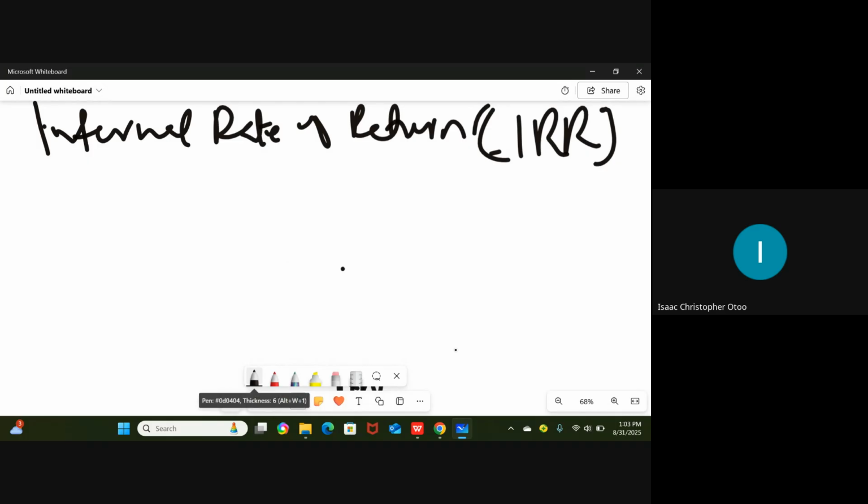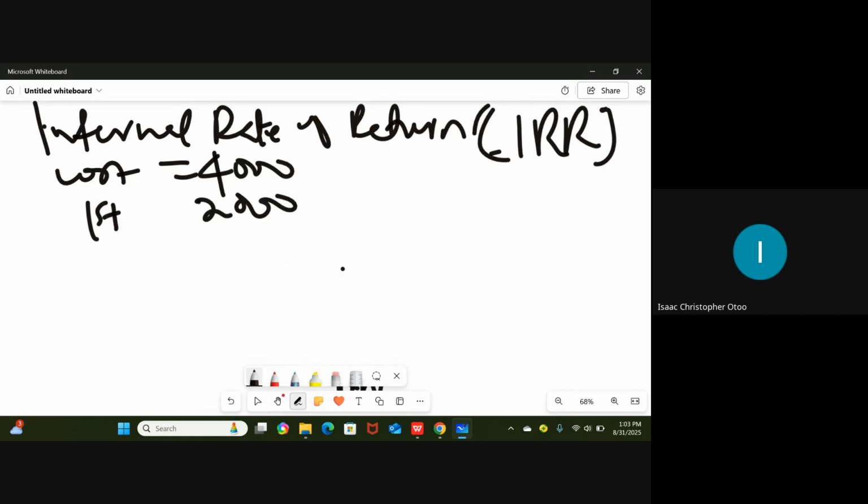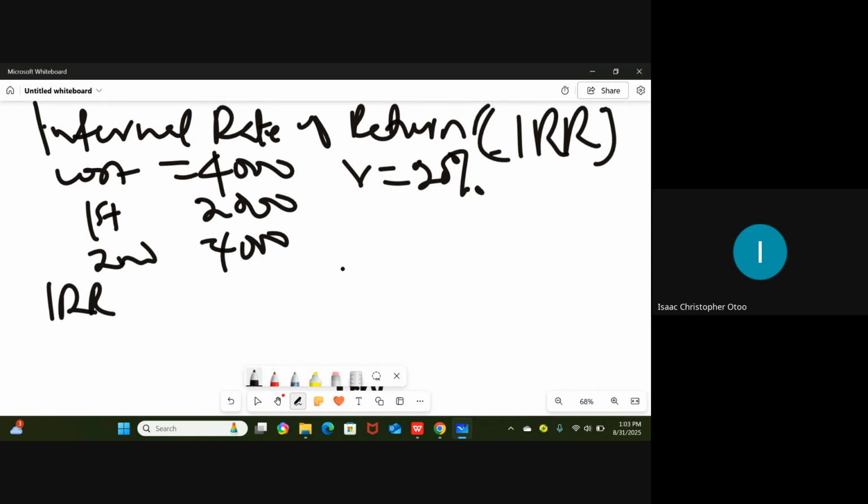So it says the cost of the project is 4,000. First year will give us 2,000. Second year will give us 4,000. Then the cost of the project is 20%. So what is the IRR? First you calculate the NPV.